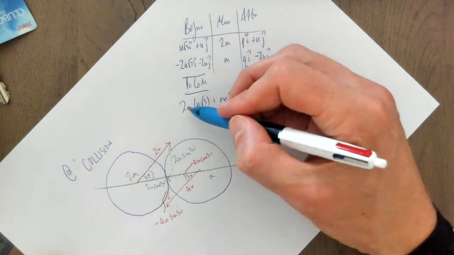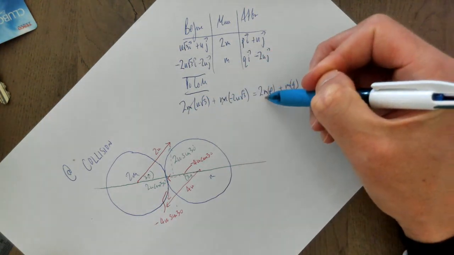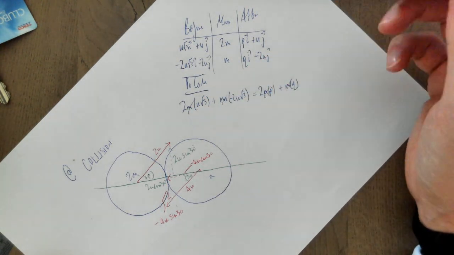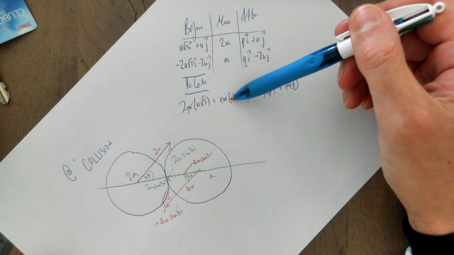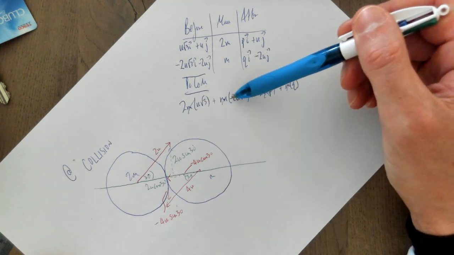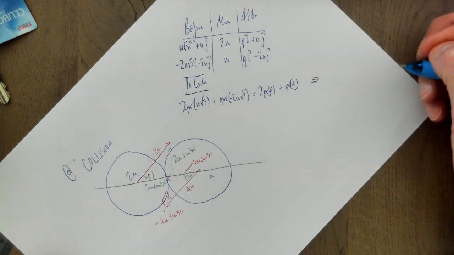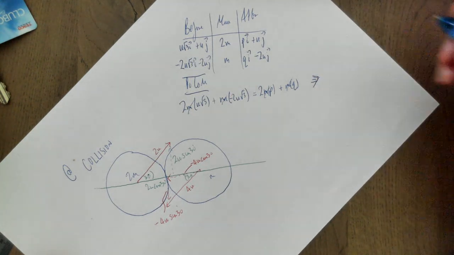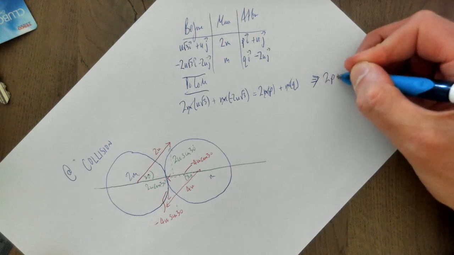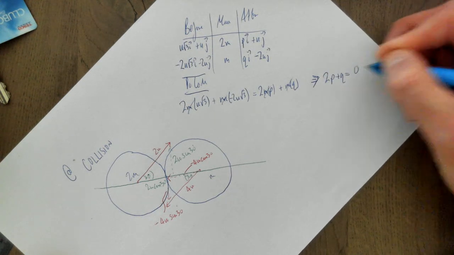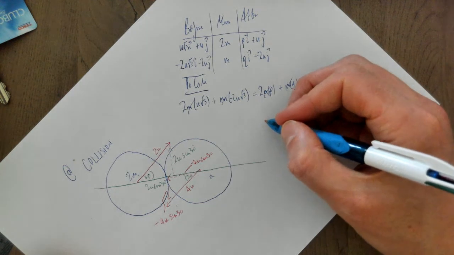So you see the m's can go, these cancel out, don't they? 2u root 3 minus 2u root 3, so we end up here with 2p plus q equals 0. Okay, just going to go down this way.